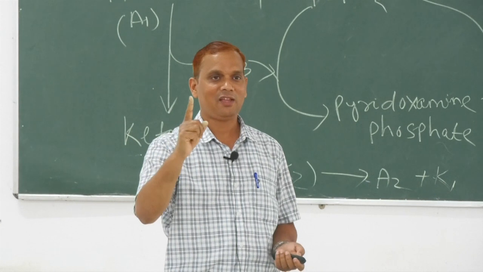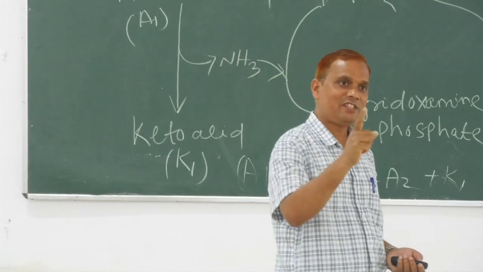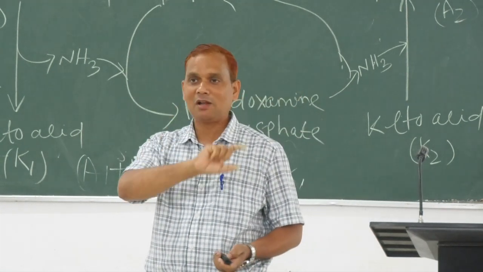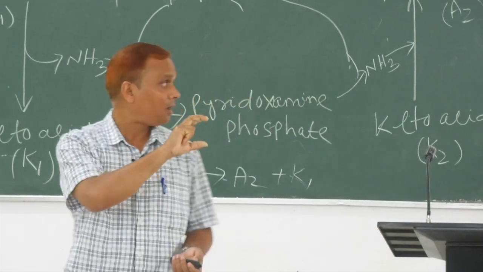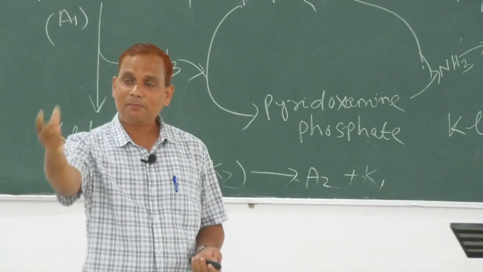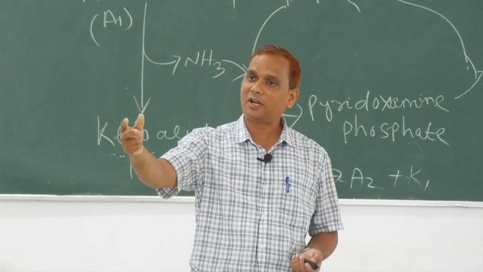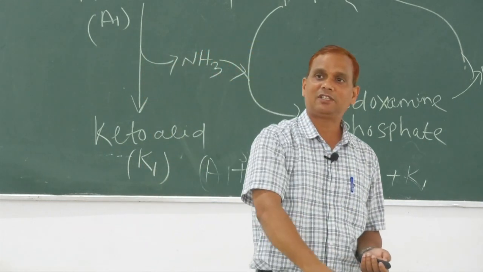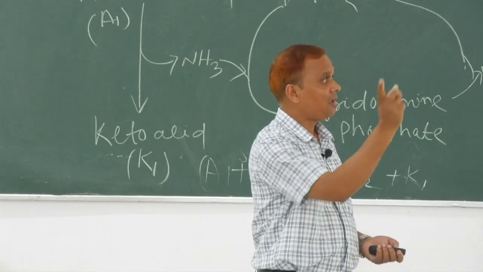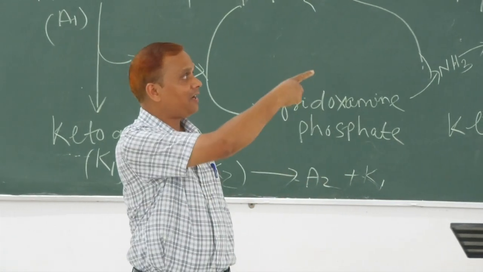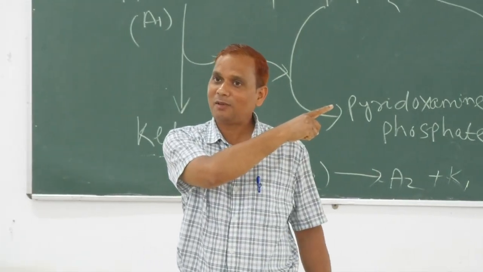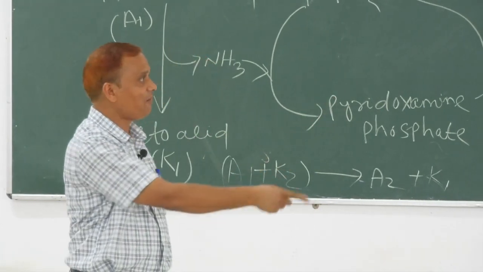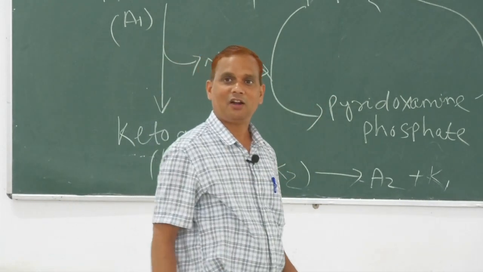Unique enzyme. Understand? By the help of the same enzyme, from glutamate to alpha ketoglutarate can be synthesized, and from alpha ketoglutarate to glutamate can be synthesized. When it requires alpha ketoglutarate, at that time it requires NAD, but when it requires glutamate, at that time NADP is required. Understand?